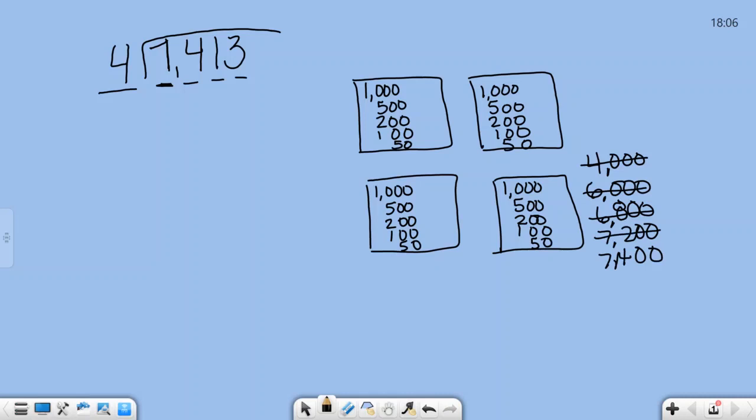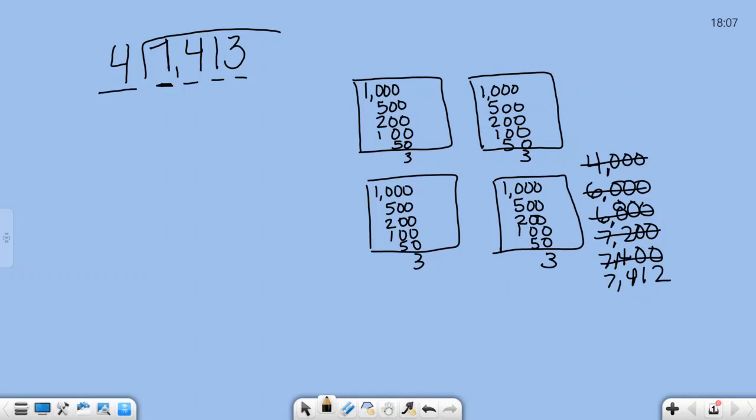So I need 13. What can I split 13 into 4? I know my multiplication, so I know that 4 times 3 is 12. So if I put 3 in every group, I ran out of room, that will get me 7,412. And I have 1 left over that I cannot fit in each box.